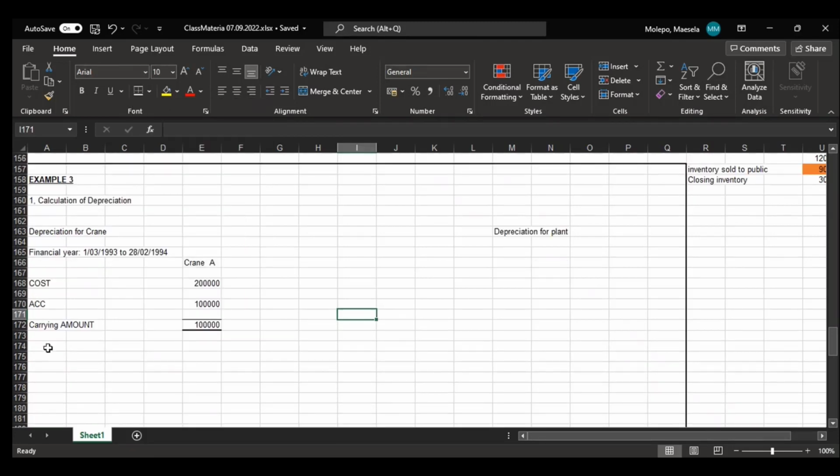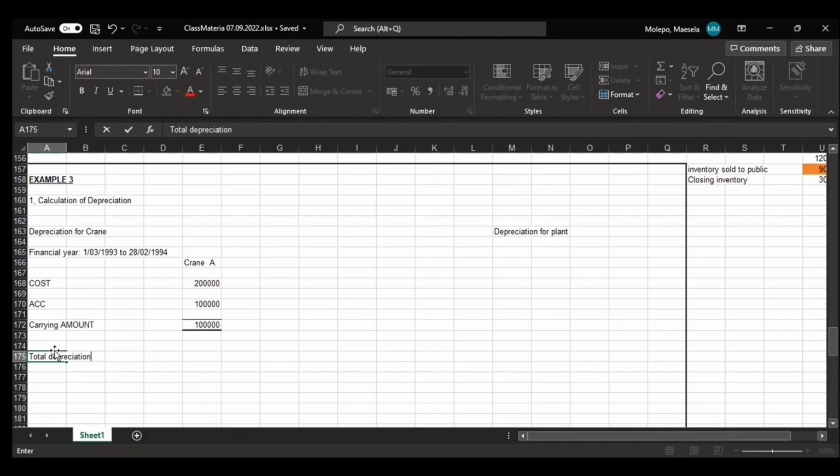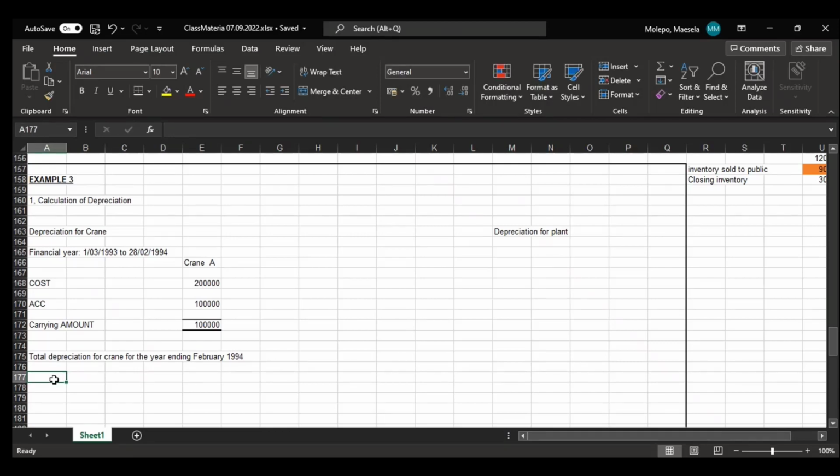So they say depreciate at 20% on the reducing balance method. So the total depreciation for the crane for the year ending February 1994. I guess they said it's calculated on the reducing balance method.